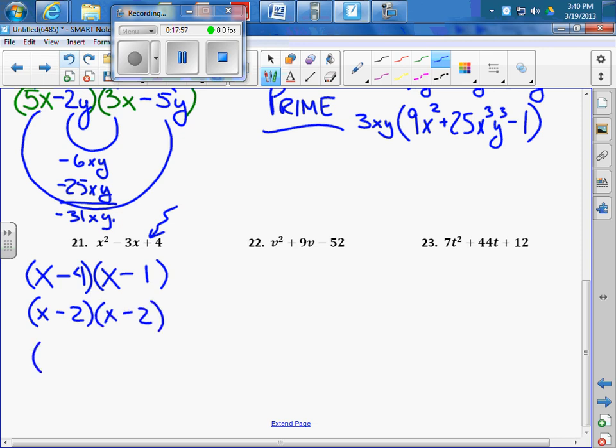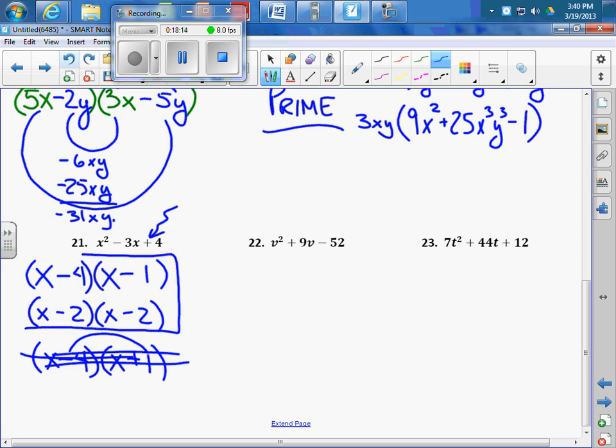We cannot put x minus 4, x plus 1. Why is that not an option? Because negative 4 times positive 1 is negative 4. We need it to be positive 4. So that's not even an option. Our only 2 options are these. Which one gives you a middle term of negative 3x? Neither one. Prime.